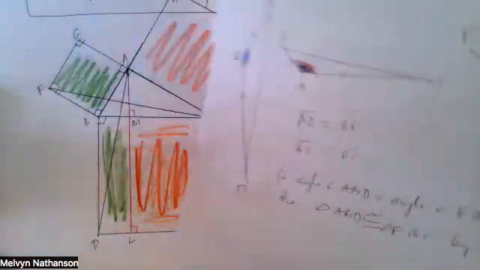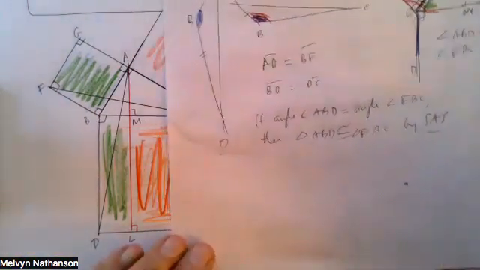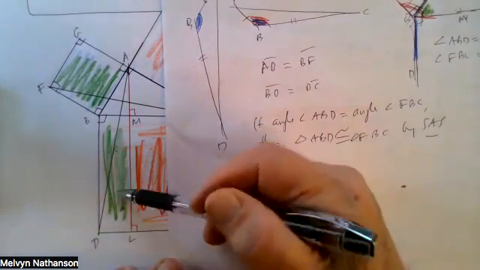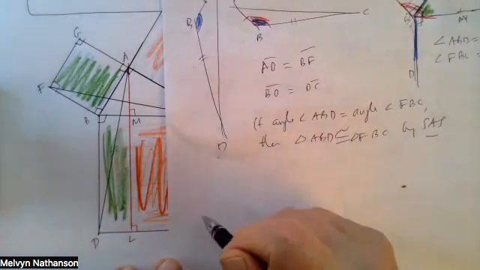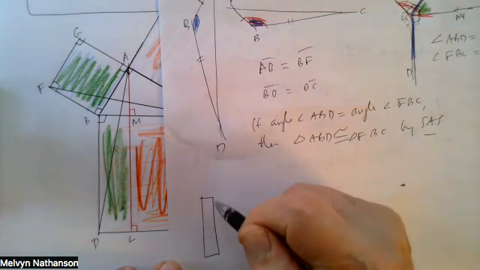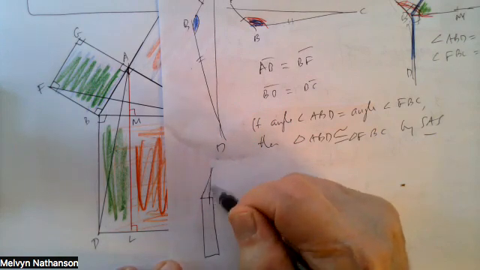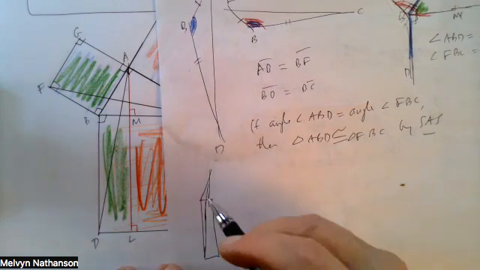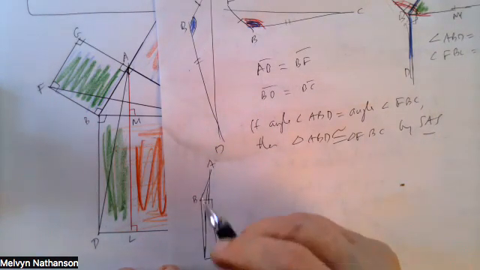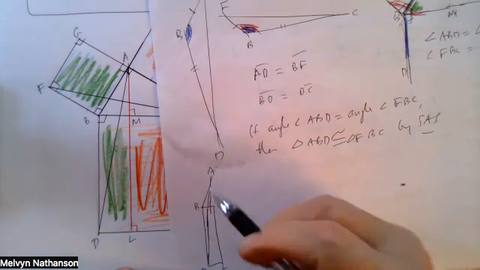Now, let me again take another part of this picture. So I have this green rectangle at the bottom. Looks like that. And I have, so this is A, B, D, L, and M, right?